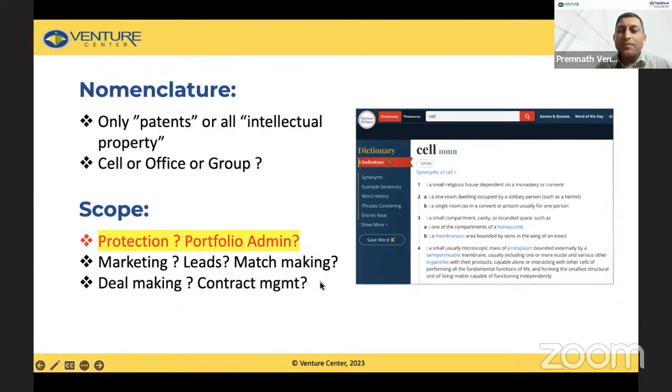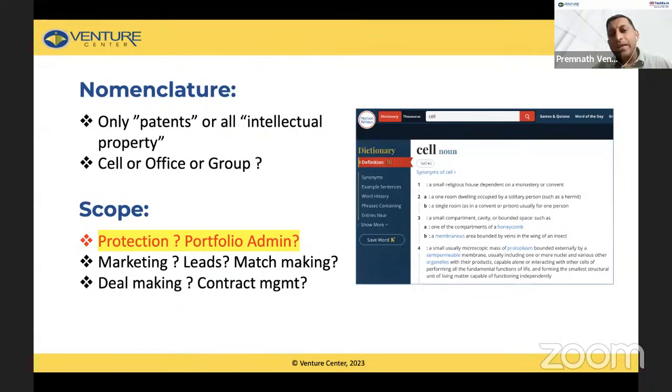Now, what is the scope of activities of such an office or a group? These are three main categories that you see people talking about, but I prefer the first one being the major scope. The first is just protecting effectively the intellectual property and ensuring that you're administering the portfolio effectively of whatever patents you have.